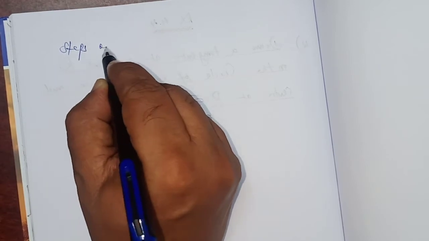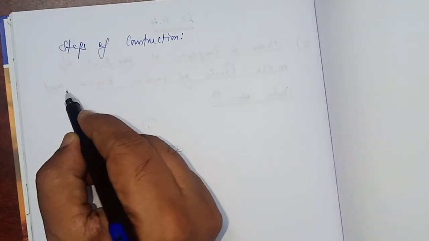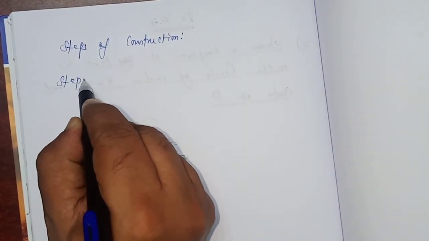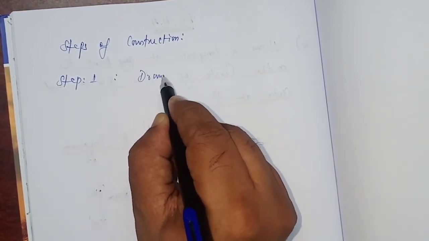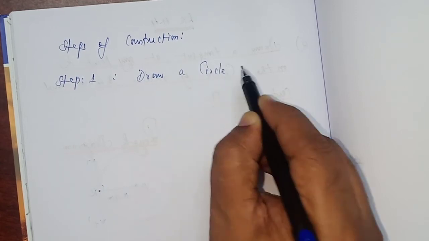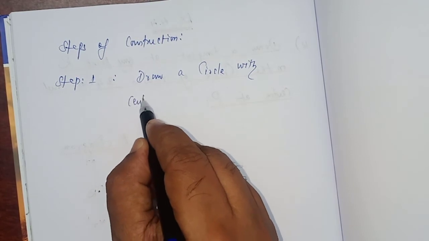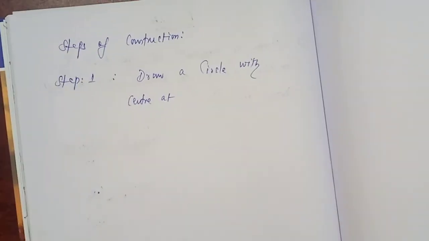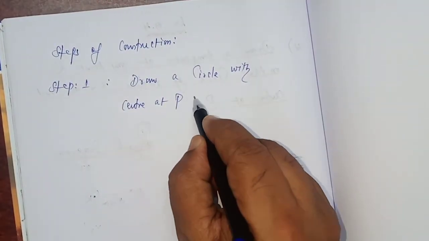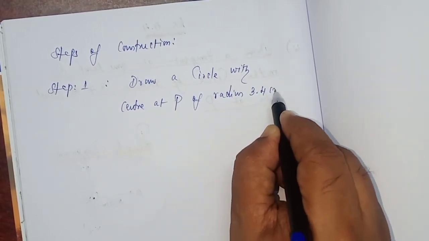Now steps of construction. Step number 1. Okay. Draw a circle with center at P, of radius 3.4 centimeter.